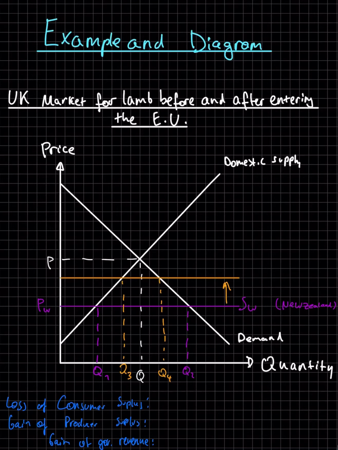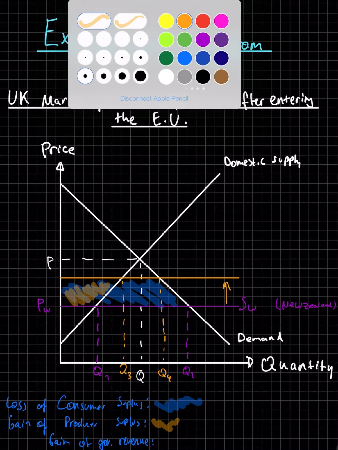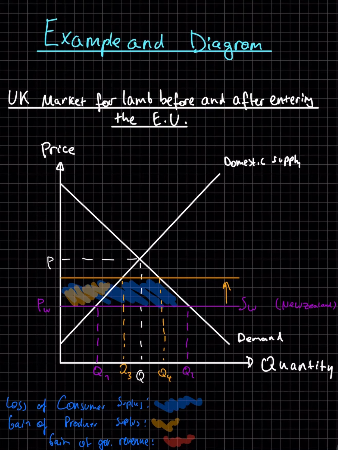So once again, we're going to represent what's happening here. Consumer surplus has dropped by this whole area here. Producer surplus has gone up, so it's orange by this area here. And government revenue has also gone up by this area here.